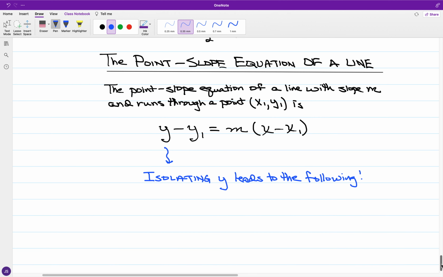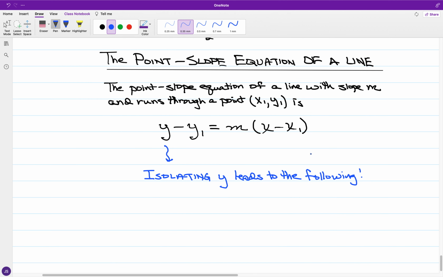It's going to be what is regarded as the slope-intercept form of a linear equation, or the slope-intercept equation of a line.